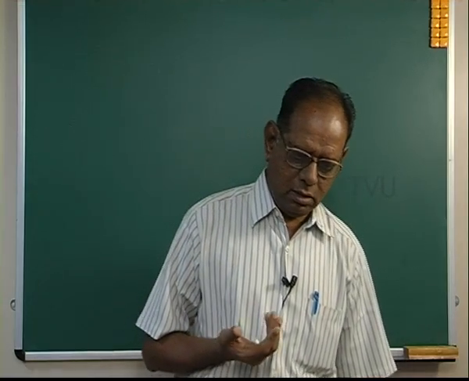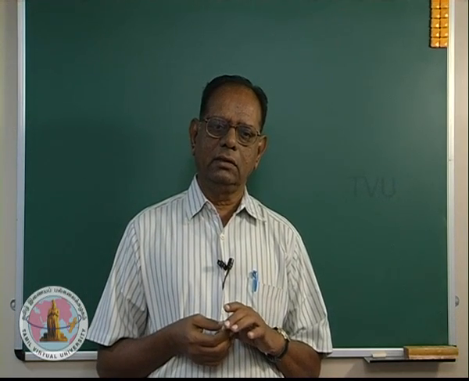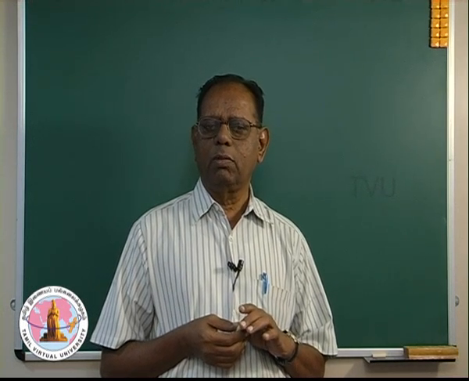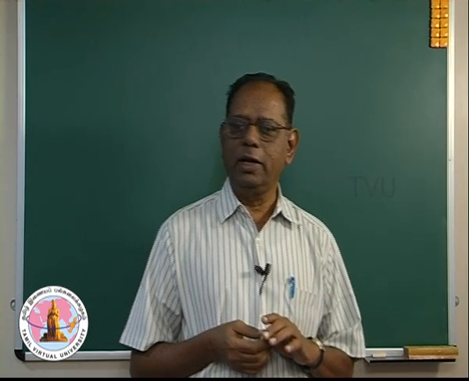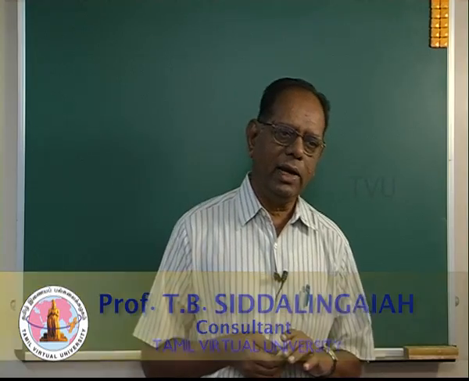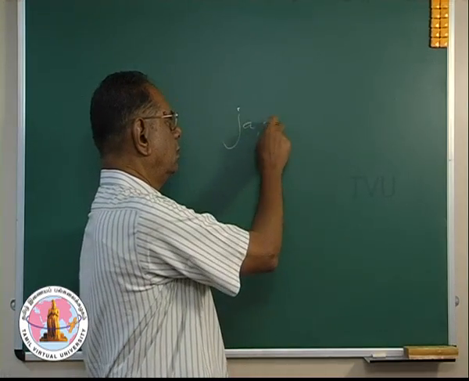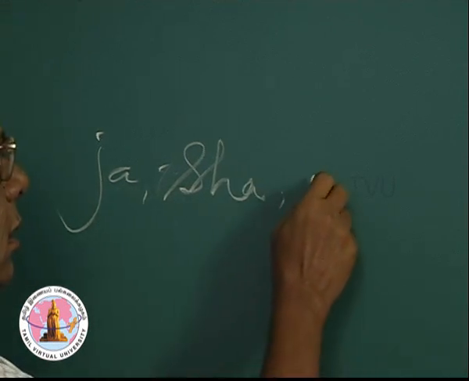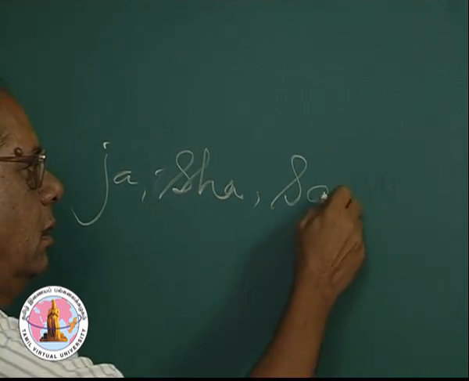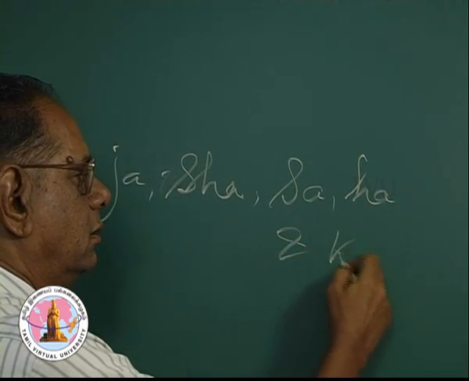Friends, in the last class we started discussing certain sounds which were borrowed from outside and then accommodated in Tamil, and we identified them as ja, sha, sa, ha and sha.